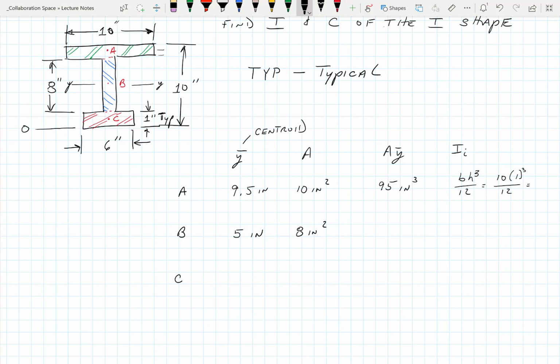And then A times y bar, 42. So 40. 40. Okay, I thought I heard you say 42, that's what I thought. 8 times 5? Yeah, 40. 40.